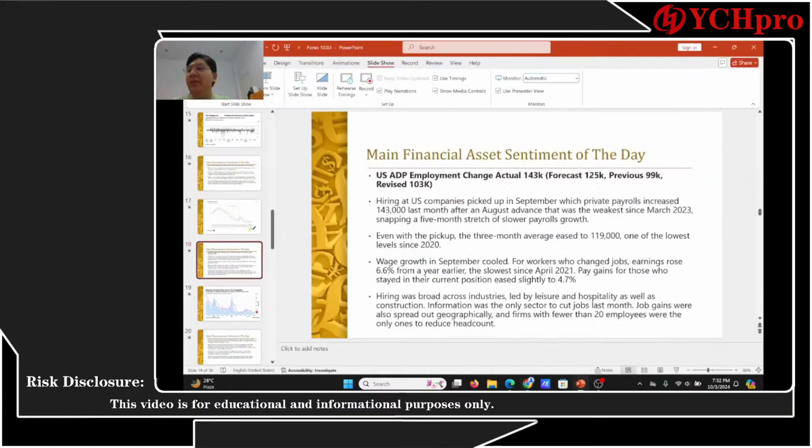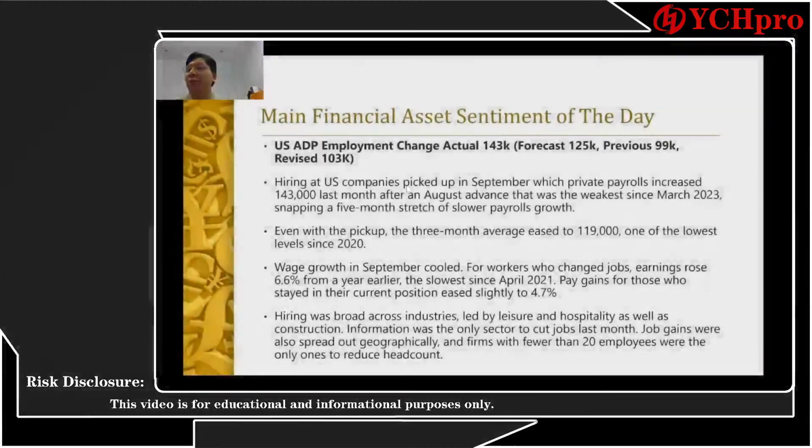All right, so I'll be reviewing what happened that really helped us see gold prices going down yesterday. We had data coming out from the US side showing that the numbers have been pretty good, so that's why we are seeing that the US economy is still doing pretty well. As you could see, hiring in the US economy has been going faster and higher, even though we are still seeing some good signs on the wage growth side.